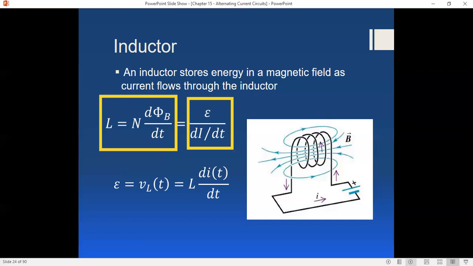So let's rewrite this equation, L equals E over di dt. Now we see that the EMF, or the voltage across the inductor, is going to go by L di dt.